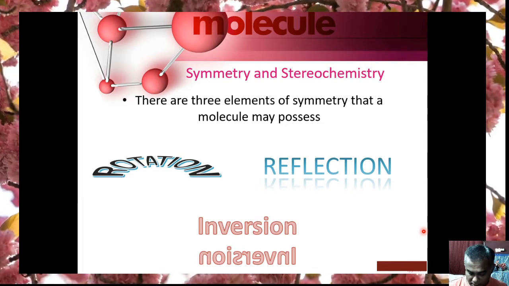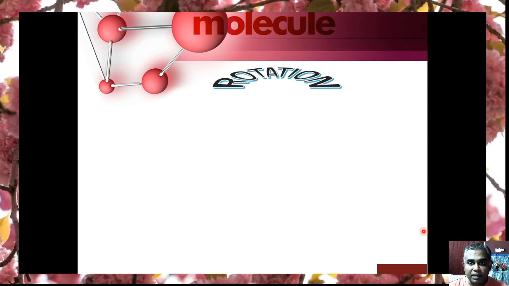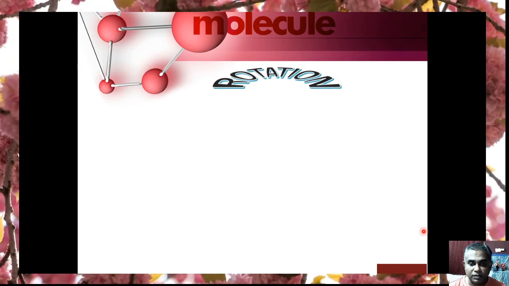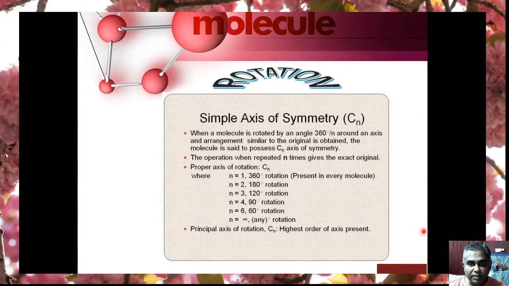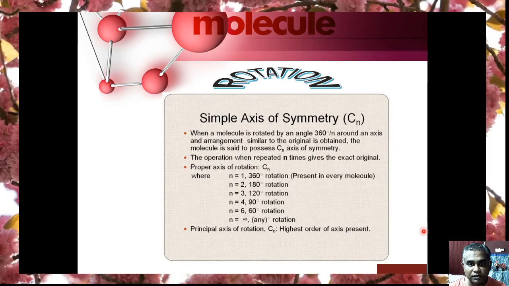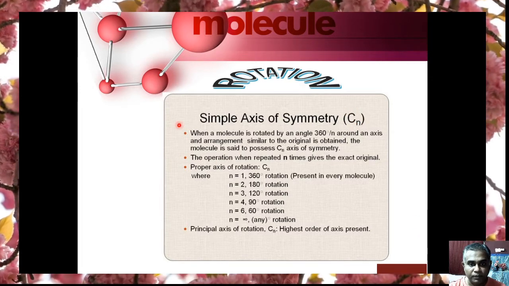It cannot be chiral. The first symmetry element and the corresponding symmetry operation is rotation. The symmetry element is a simple axis of symmetry represented as C subscript n.